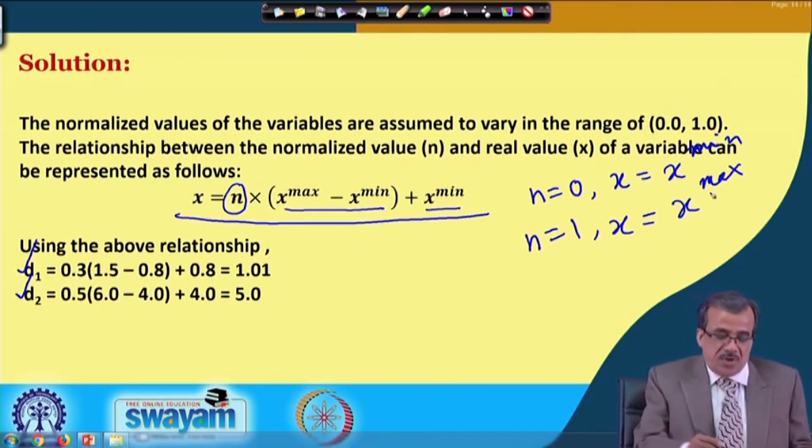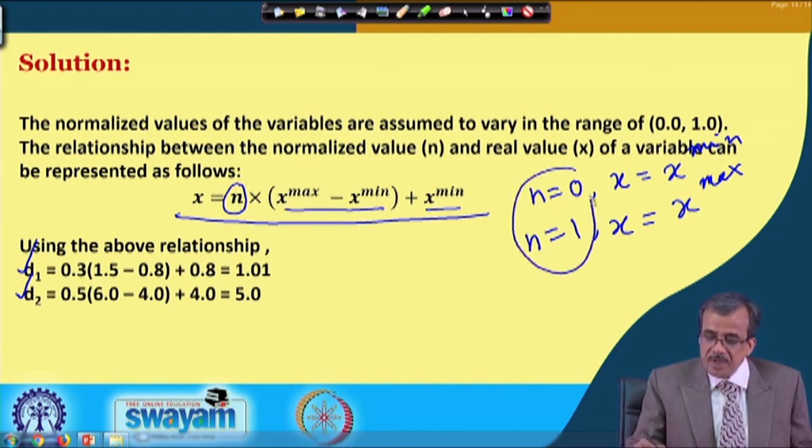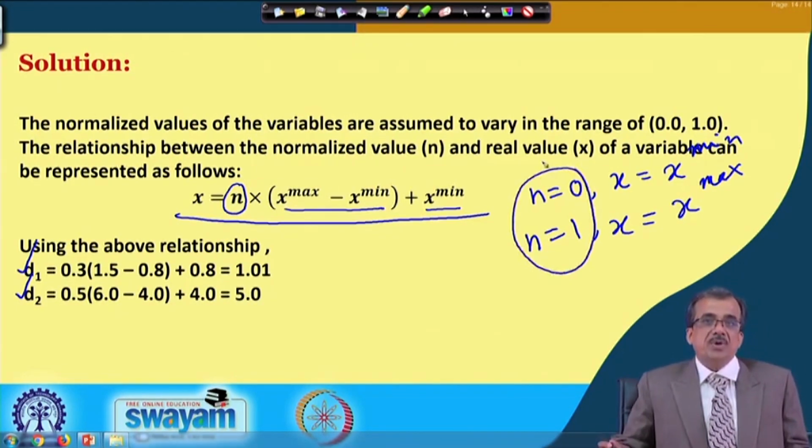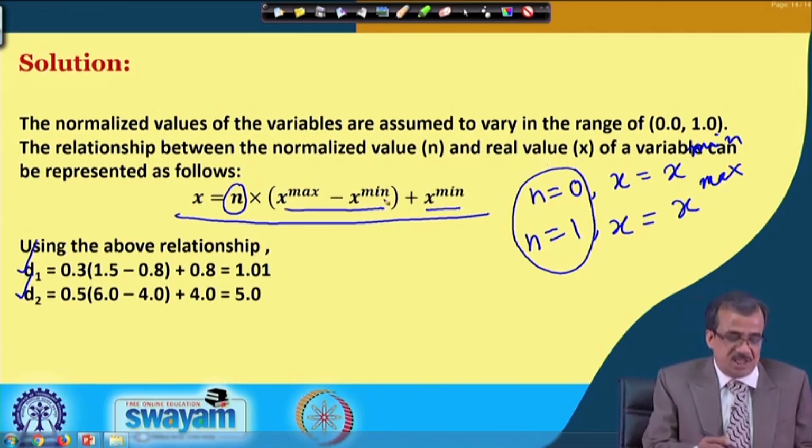That means this particular n varies in the range of 0 to 1, and accordingly I can find out the real values for D1 and D2 lying within their respective ranges.